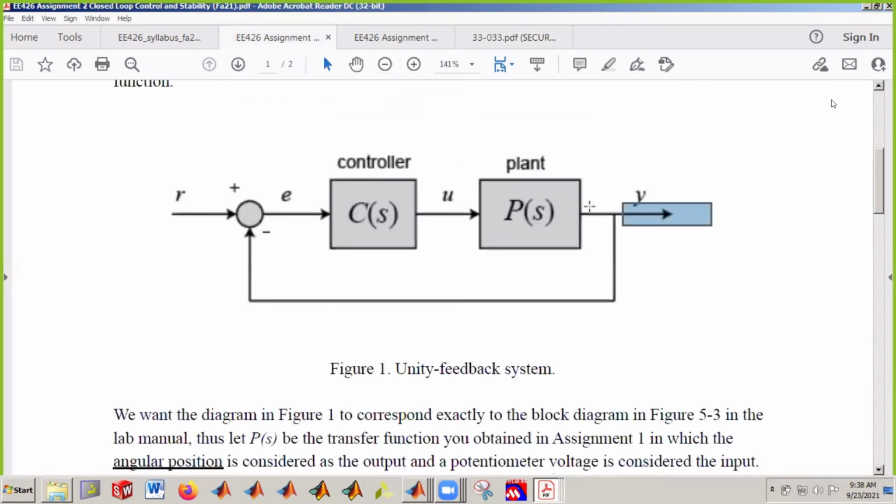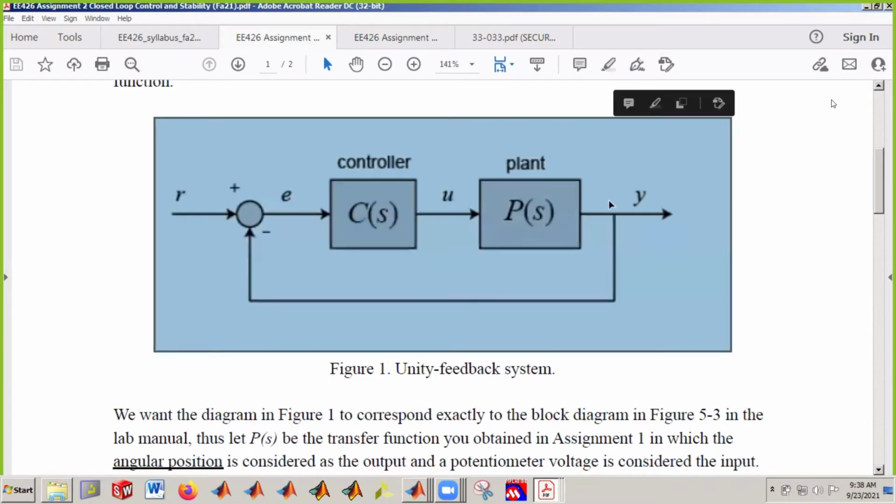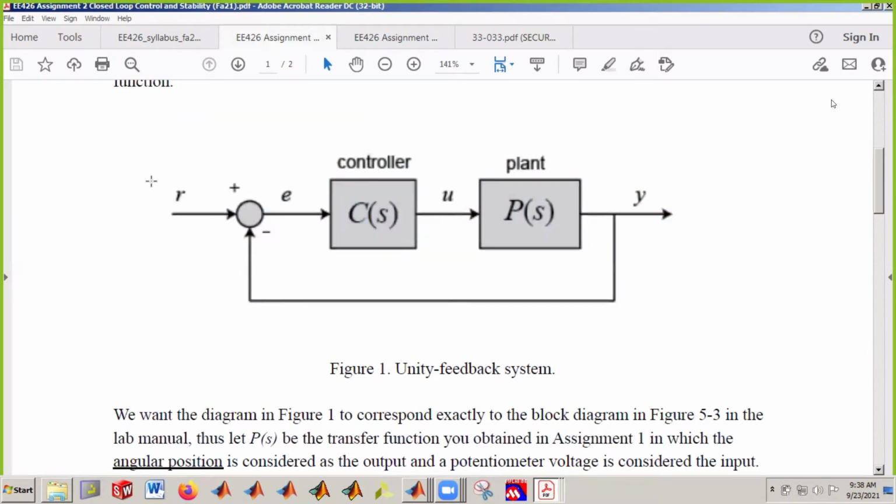So this is what you are seeing here. Whatever you get out of this is just a voltage whose magnitude is proportional to the position of the motor. This is the output, Y, and the input is just the ideal position that you want to reach. If you have a step input, which just goes from 0 to 1, we can always scale this unity step response so that we can get any arbitrary position that we want.